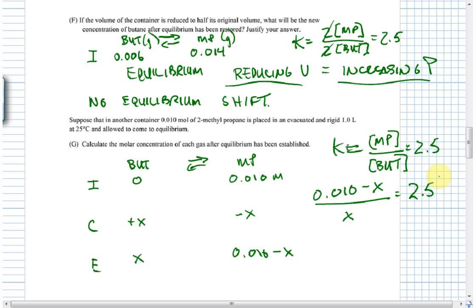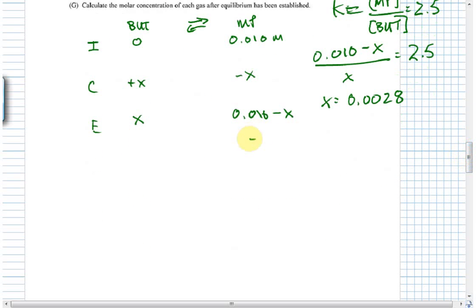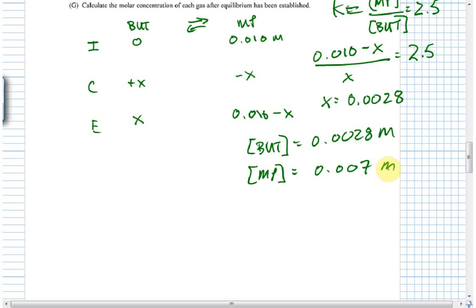We do the simple algebra, and we find out that X is equal to 0.0028, and therefore the concentration of butane is 0.0028 molar. The concentration of the methyl propane is 0.007 molar.